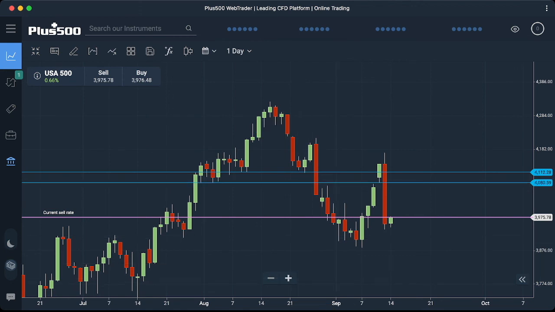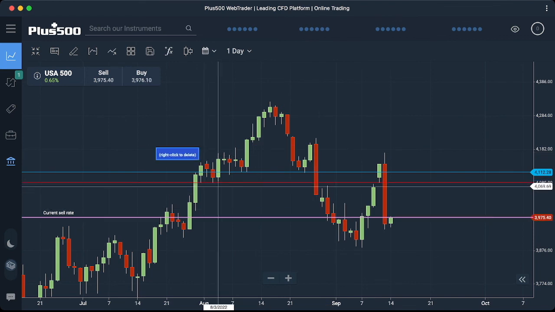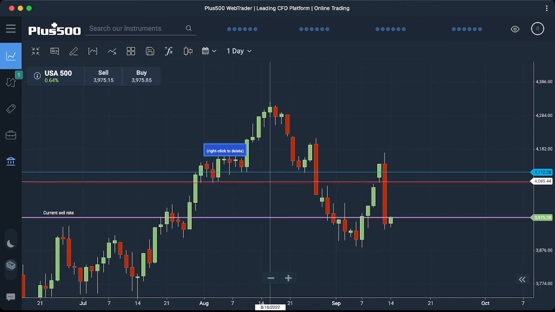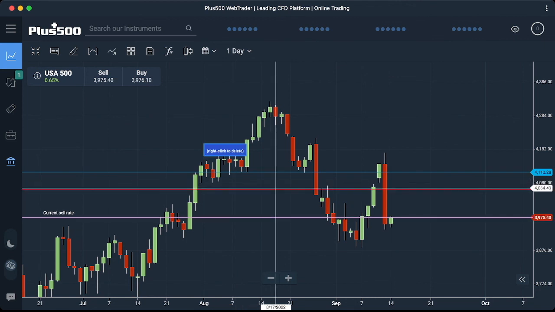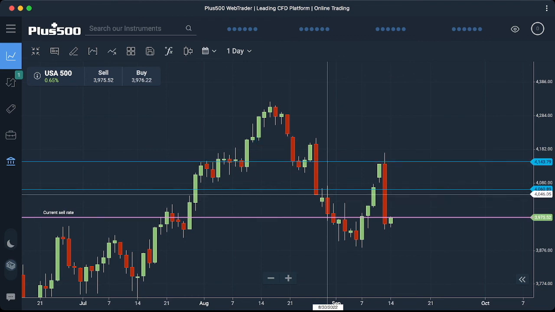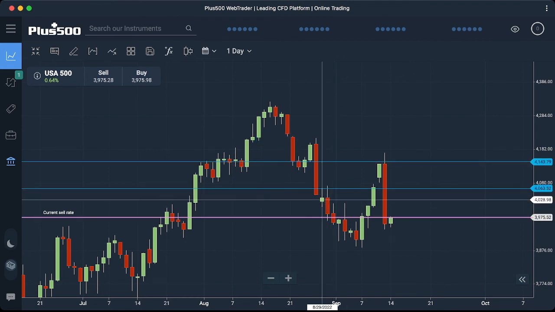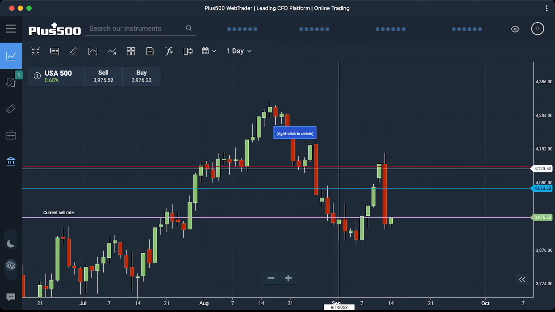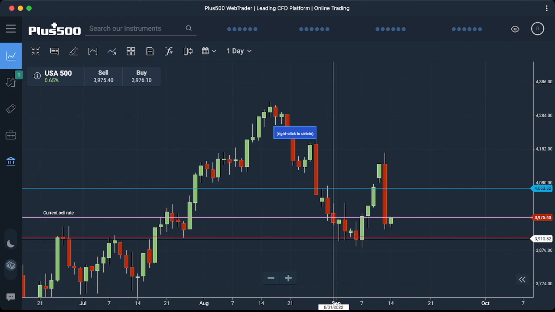Here again, price is pushing back, taking this liquidity, and then again another fair value gap. Here you can see how price is going inside this fair value gap to deliver the price into next liquidity, which is here down.